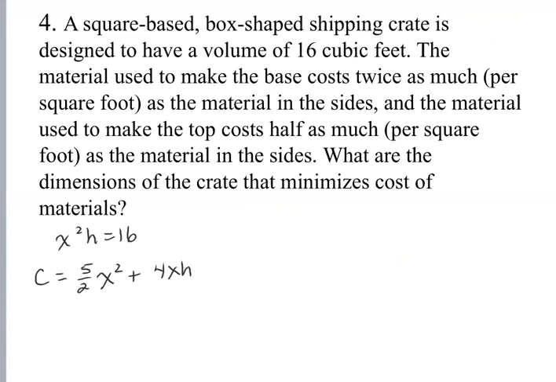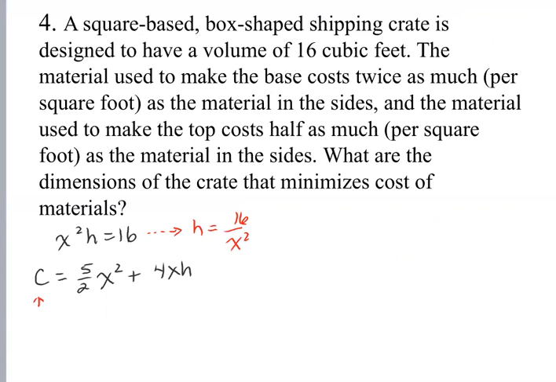Okay. I need to now write the cost equation in terms of only one variable. So I'm going to solve this equation for h. That seems easier. h is equal to 16 over x squared.